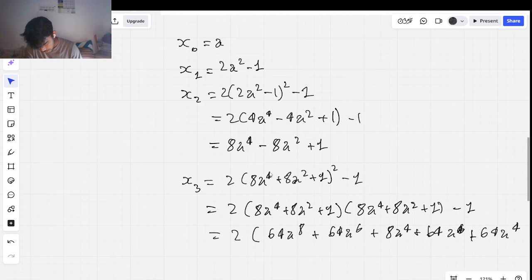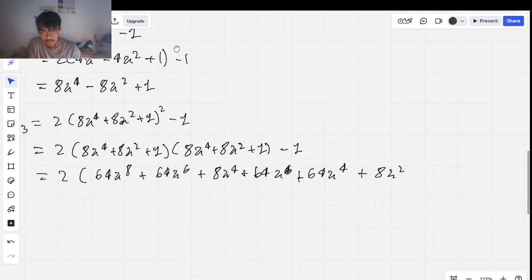And then the last terms are just plus 8a to the 4 plus 8a squared plus 1 minus 1. This cancels out. Actually, no, it doesn't, because this is inside a bracket.